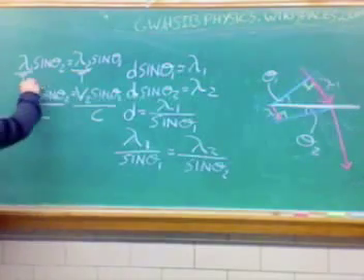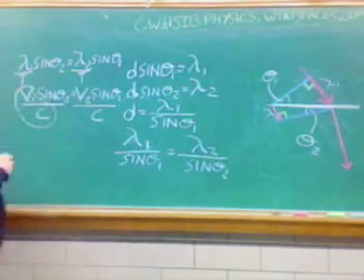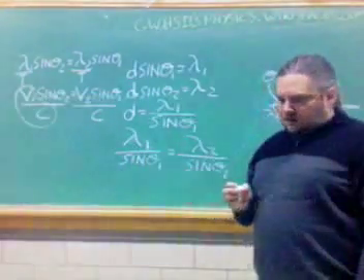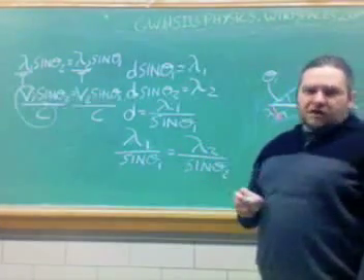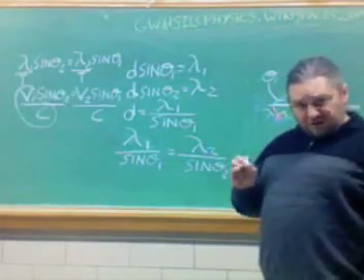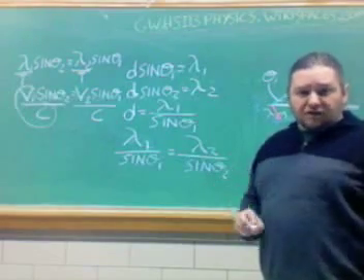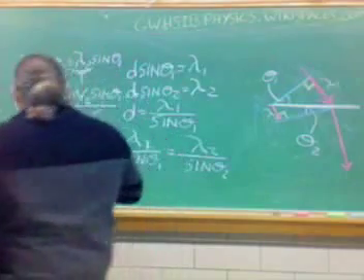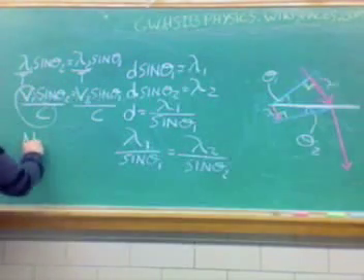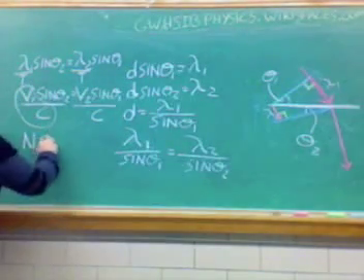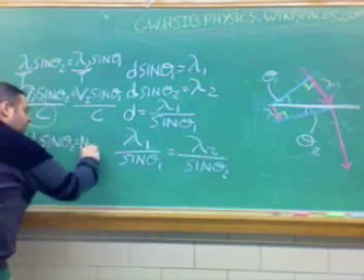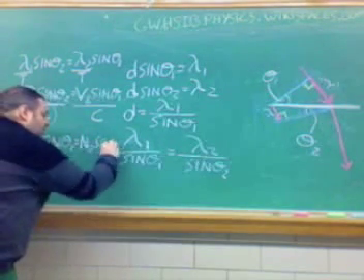Okay? And this right here, the velocity divided by the speed of light, is what's called the index of refraction. Okay? Every piece of material, even air itself, has its own index of refraction. So that is going to be n1 sine theta 2 equals n2 sine theta 1.